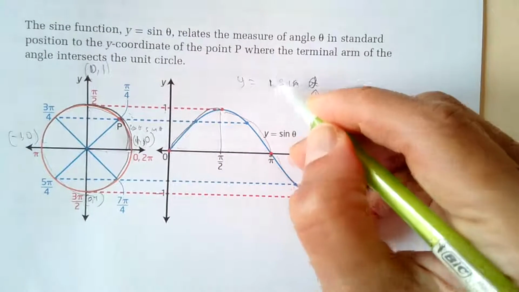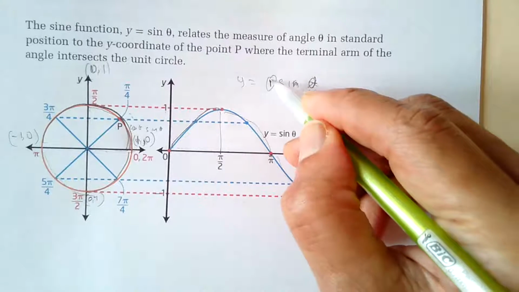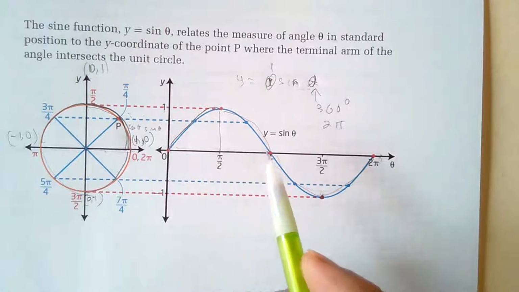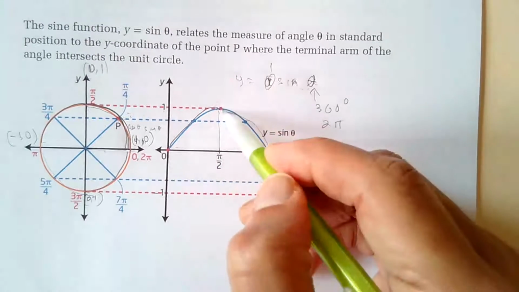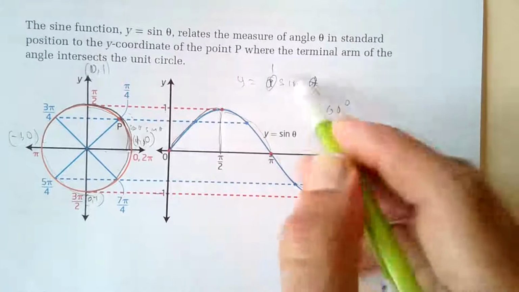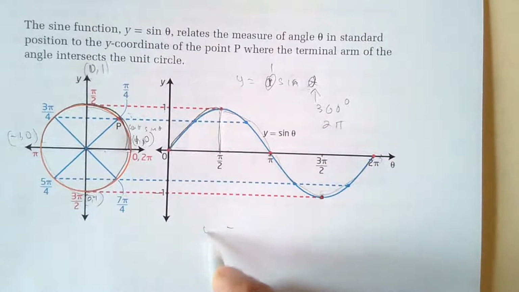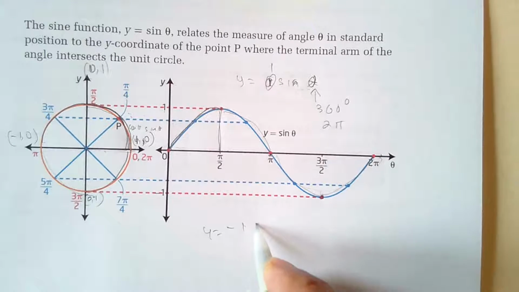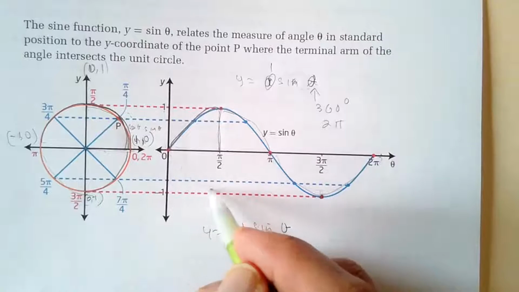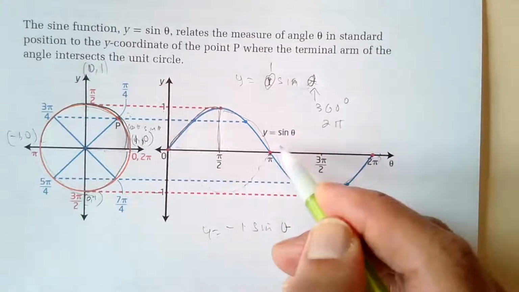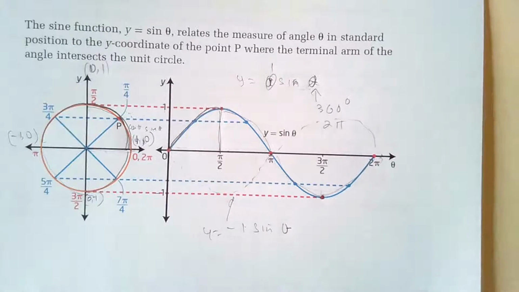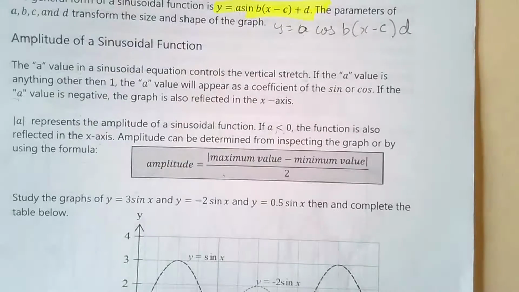The a here is 1, so the amplitude is 1. In this case, we have a graph going up. Now, if it's negative, y equals negative 1 sine theta, then the graph is a reflection. So this will be your negative graph, y equals negative sine x.